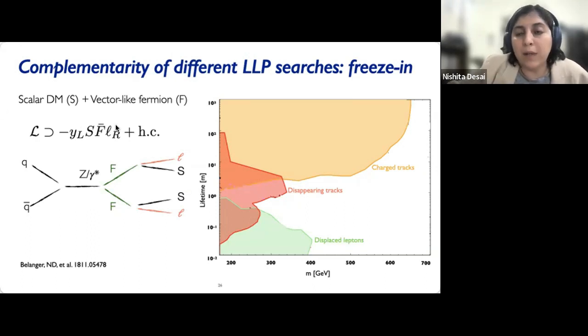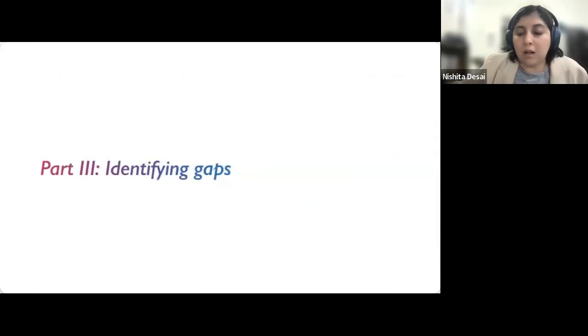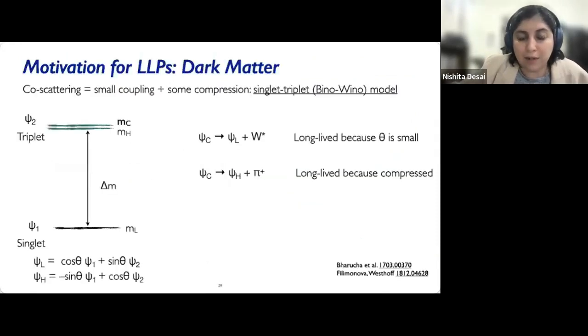It's a very similar coupling to before, except now your dark matter is the scalar and your mediator is the fermion, and you can produce the fermion via Drell-Yan. And you can see that by mixing and matching all of the searches, you can basically exclude a huge amount of parameter space that would be viable. Okay, so I'll talk a bit more about identifying gaps.